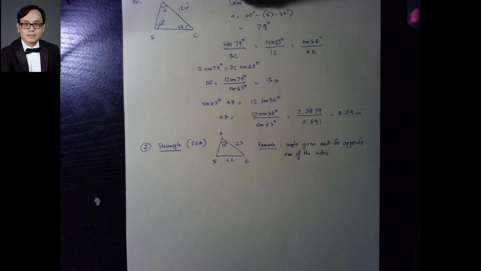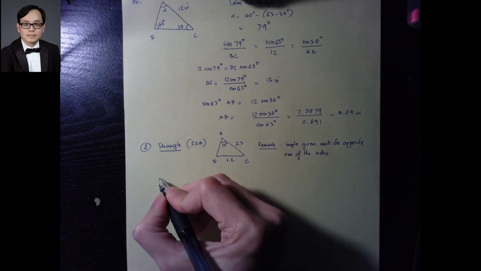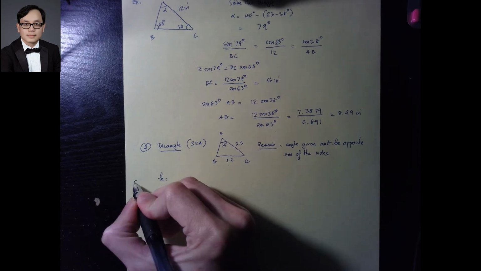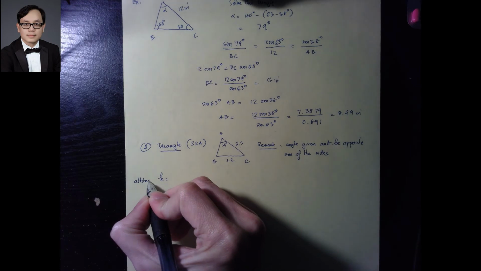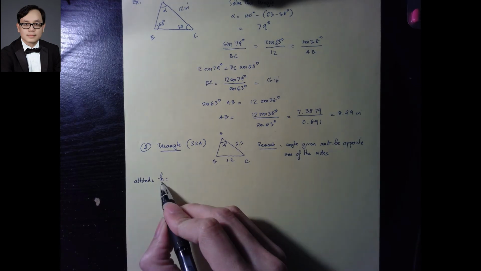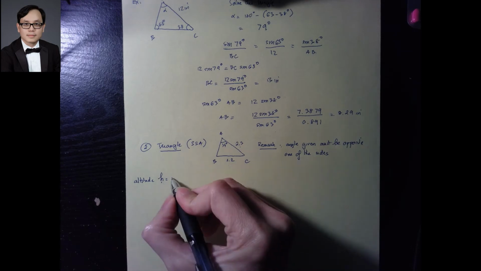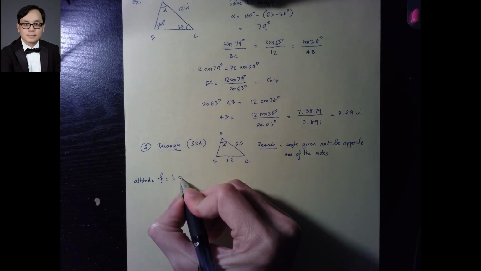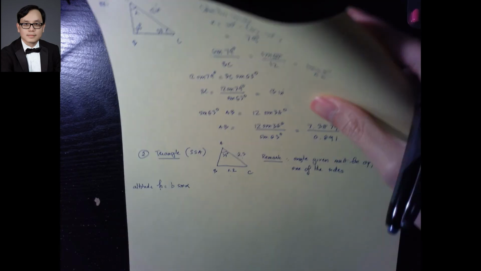Again we have several variations we need to consider before we solve this triangle. First of all, we need to calculate the altitude, and to calculate the altitude, we use this formula: h equals b sine alpha. What is b?